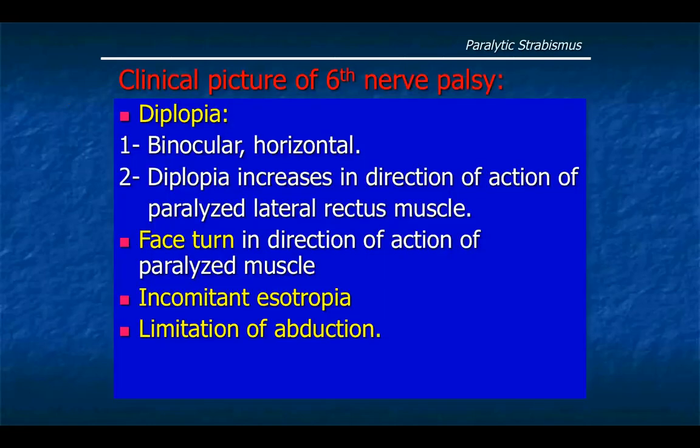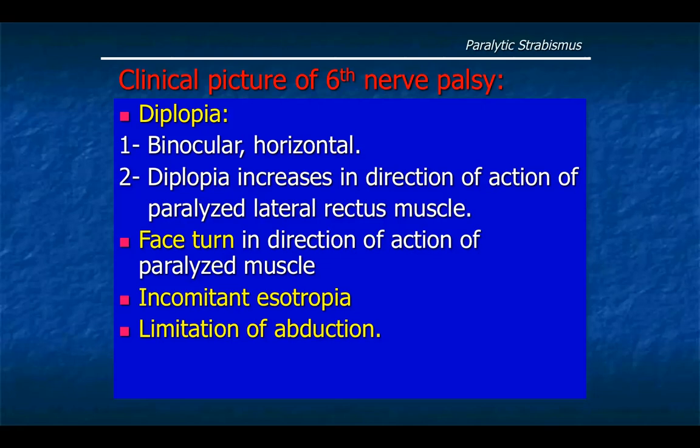The clinical picture of sixth nerve palsy, as we mentioned, we talk about 4 items when talking about any nerve palsy: diplopia and the compensatory head posture to overcome that, and the type of strabismus and the type of limitation of motility. Diplopia, as we mentioned earlier, is always binocular in any form of strabismus.